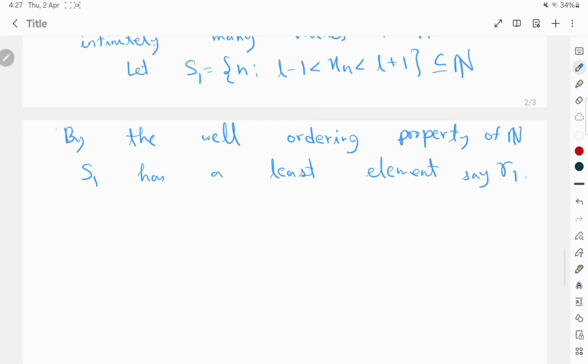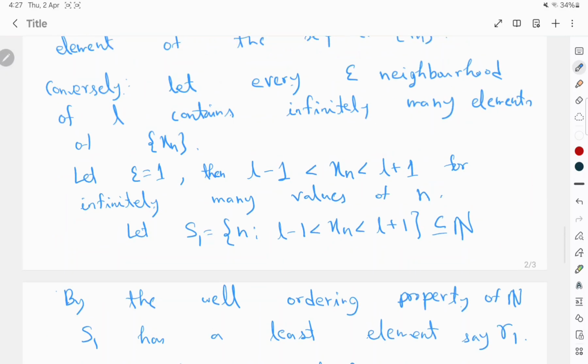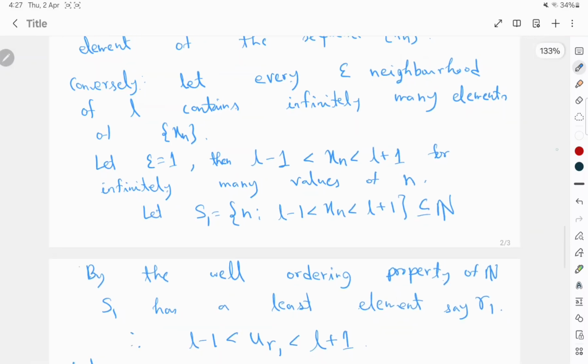So you have L minus 1 less than xR1 less than L plus 1. That's it. Now you change your epsilon. Let epsilon be equal to half. Same thing, you have to consider this type of thing.